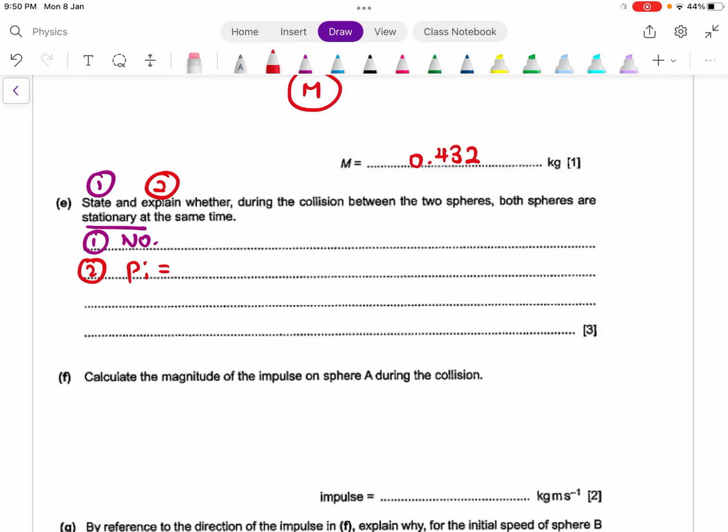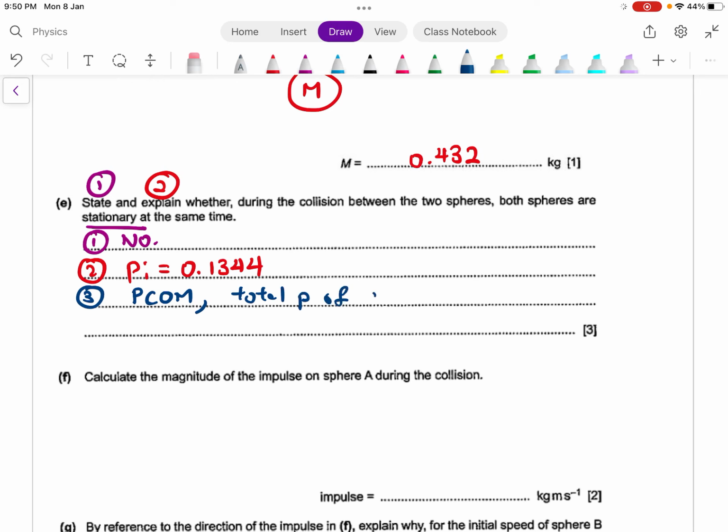So this initial momentum is 0.1344. That is the second point. So for the third point, how do we explain? Just say that according to PCOM, the total momentum must be conserved.